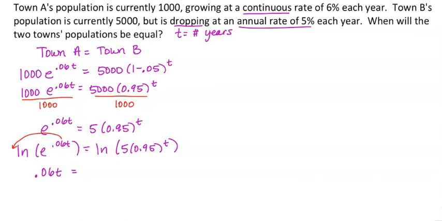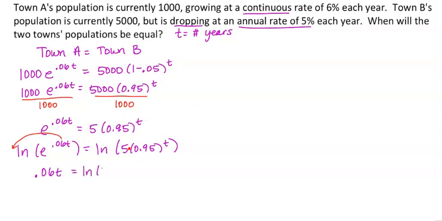On the right-hand side, keep in mind that this is really a product, a multiplication between 5 and 0.95 to the power of t. So we cannot use our exponent property yet because that power is just on the second factor, it's not on the 5. So what we want to do first is use our sum property that says if you have a multiplication, we can turn it into two logs being added together.